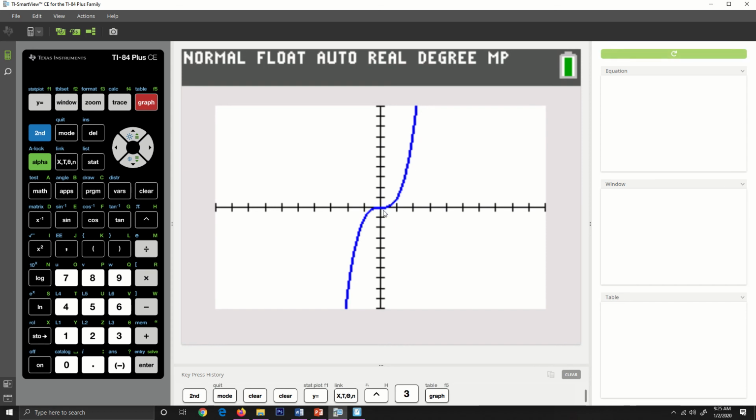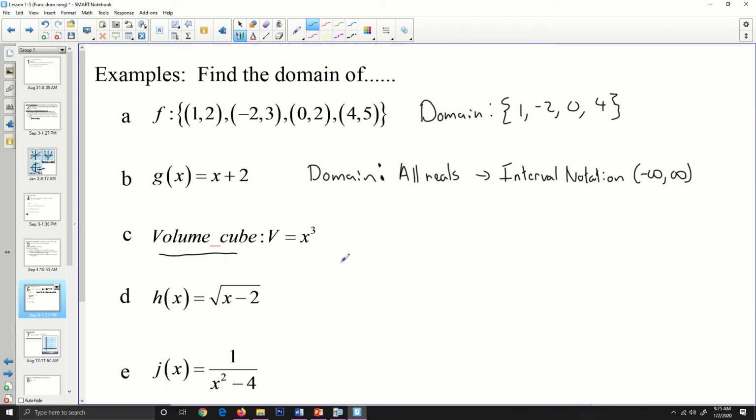You can have no cube there, that makes sense. And so in this particular instance, the domain is going to be all reals where x is greater than or equal to 0.